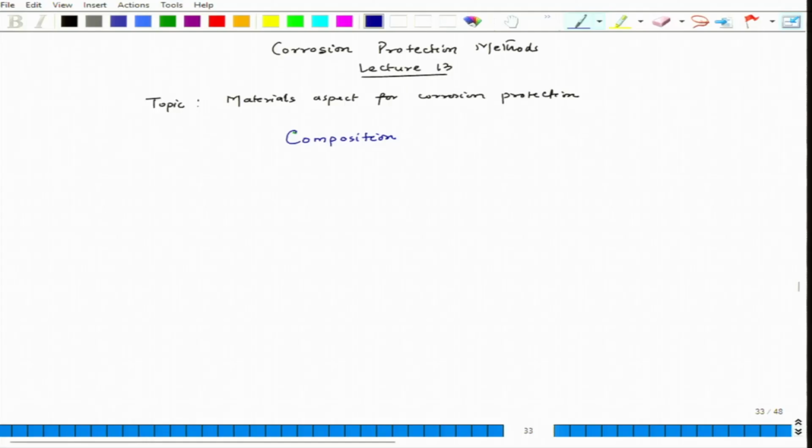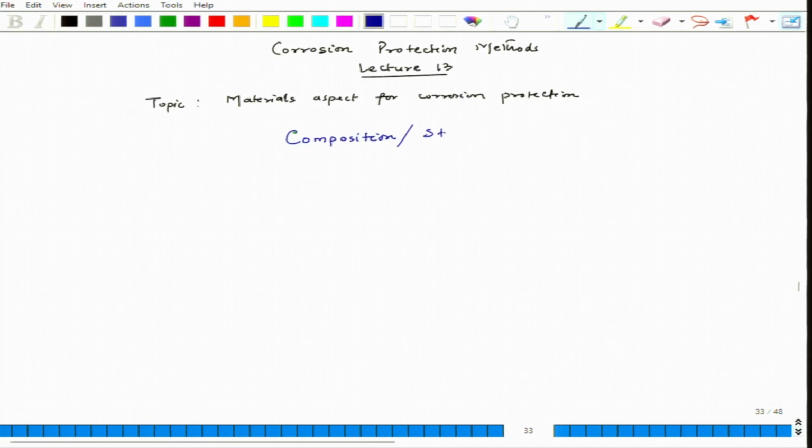In fact, 304 is an austenitic stainless steel, that means the phase is only austenite, whereas pure iron is BCC, which is ferrite or single phase BCC structure. Fine. So, composition would have an effect on microstructure or structure.